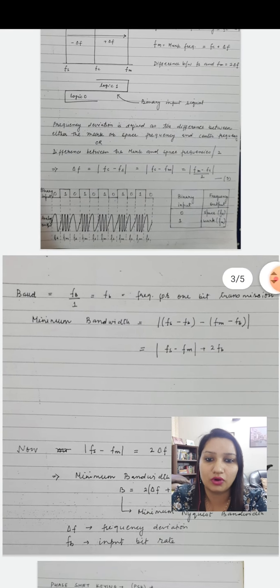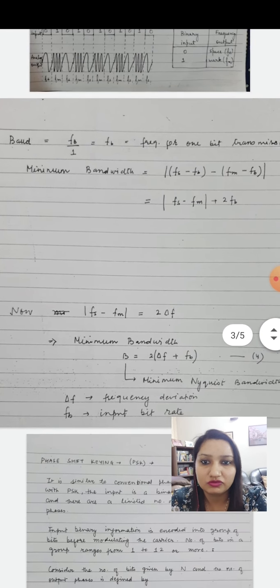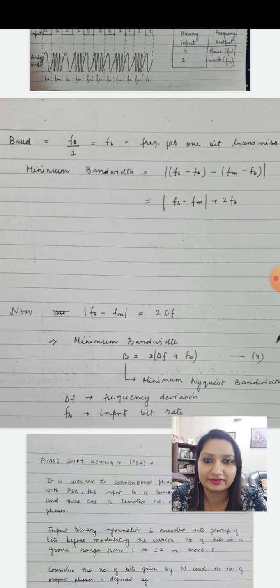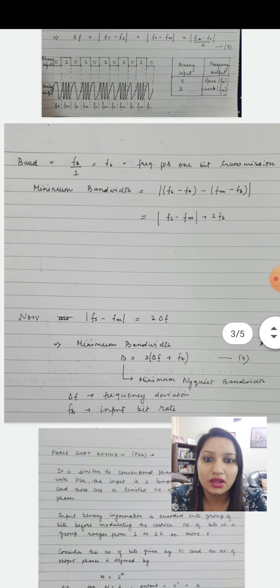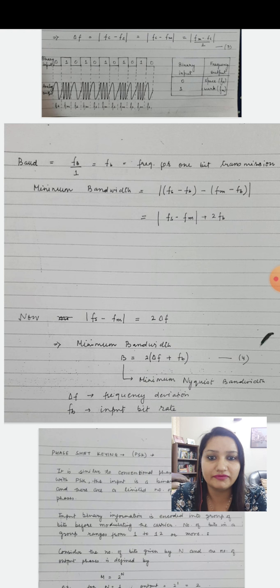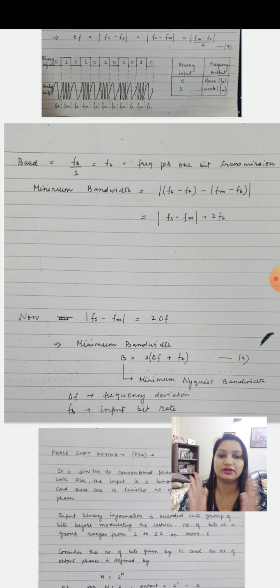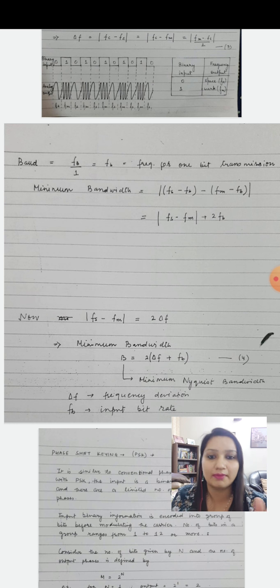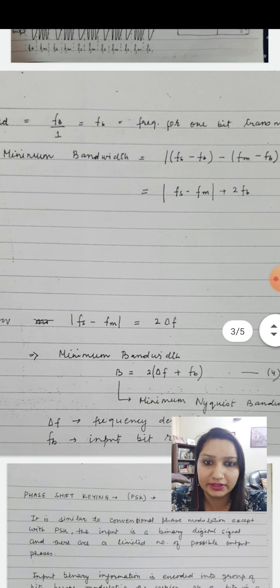Now let us come to the baud for the FSK. Baud in this case is Fb, the frequency per 1 bit transmission. So the maximum bandwidth in this case will be Fs minus Fb minus Fm minus Fb. So Fs minus Fm, the minimum bandwidth will be the difference between the space frequency and the maximum or mark frequency, which equals 2 Fb.